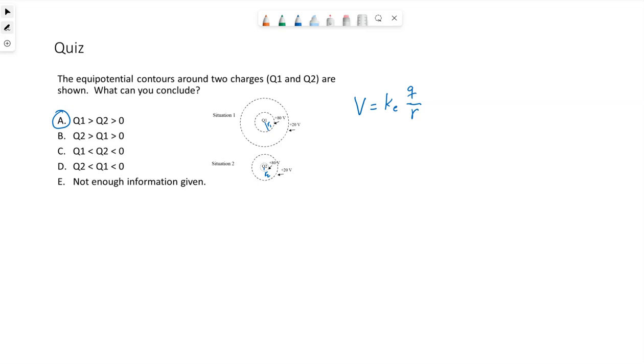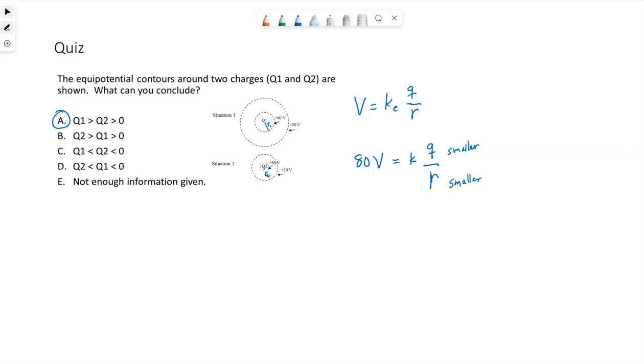So 80 volts being kQ over R, a smaller R to get to that 80 volts means a smaller charge is creating that 80 volts.